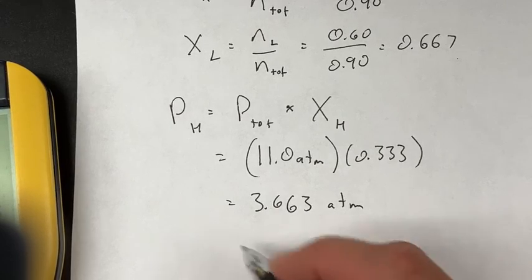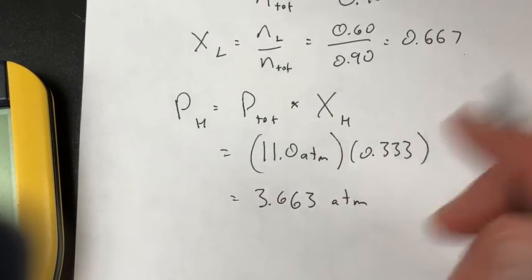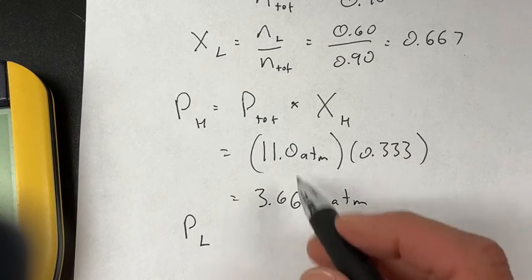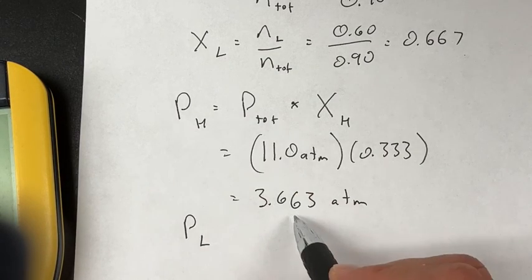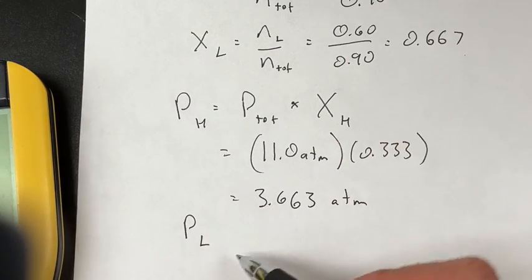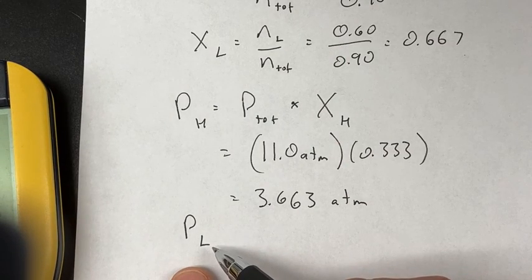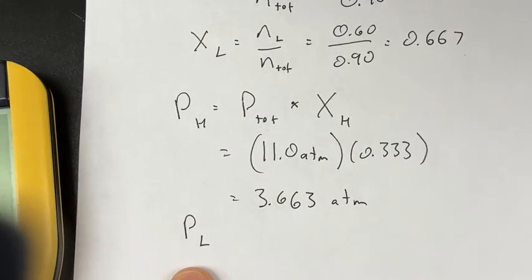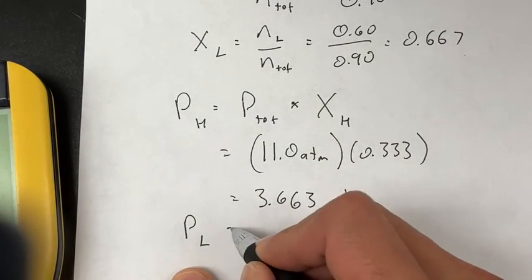Do the same thing for the partial pressure of L. There are a couple of ways of doing this, because if I know H, I can get the partial pressure of L by subtracting.